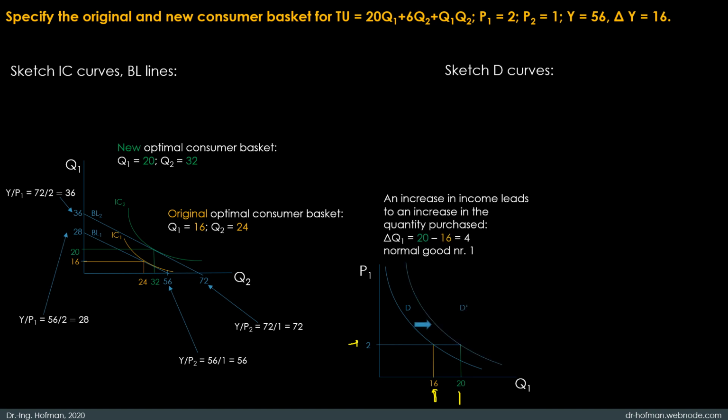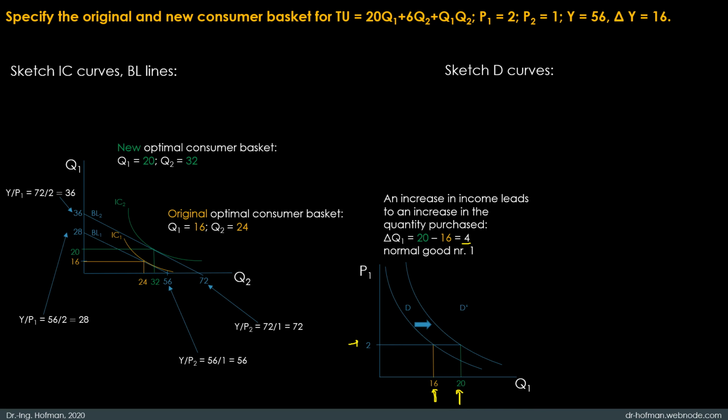It means an increase in income leads to an increase in the quantity purchased. Delta, or change of quantity of the first good, Q1, is 20 minus 16. It is 4 units or pieces of the first good. And it means by unchanged price and increased yield level, the consumer buys 4 pieces more.